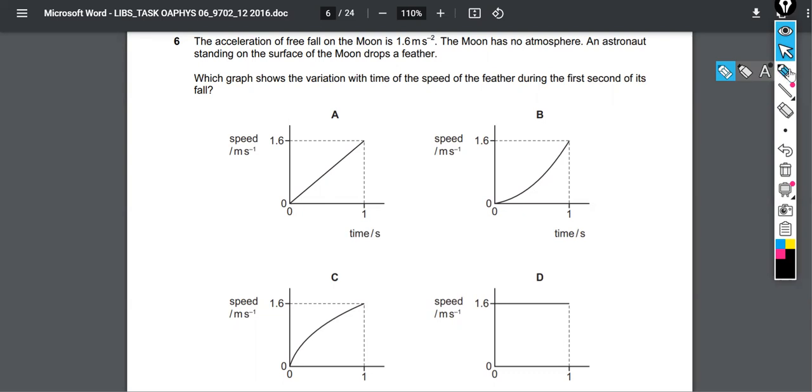Just as a chance to get some further review out of this, let's remind ourselves that that's really a value of g, right? The acceleration of free fall we call local g. It's local to the object that's creating that gravity field, in this case, the moon. But on Earth, we know that g has a value in acceleration of free fall of 9.81.